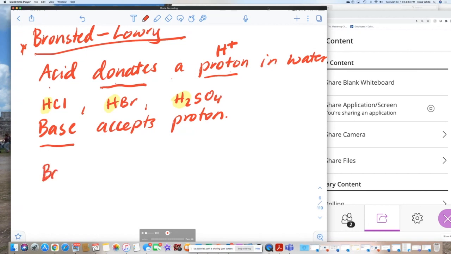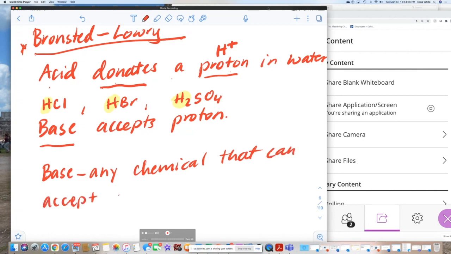The one that's accepting the proton this time is the base. Okay, so base is any chemical that can accept the acid ion, which is the proton. This one gets a little bit more complicated because when you're trying to decide Bronsted-Lowry acid or base, you have to see the whole equation to decide which one is the acid and which one is the base, because you have to see proof of donation.